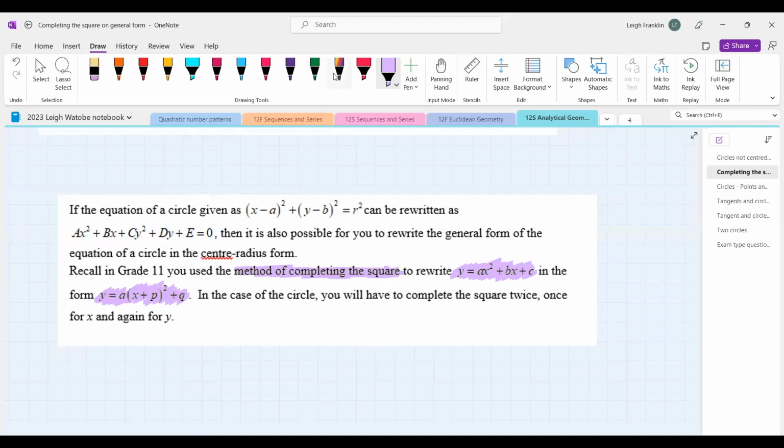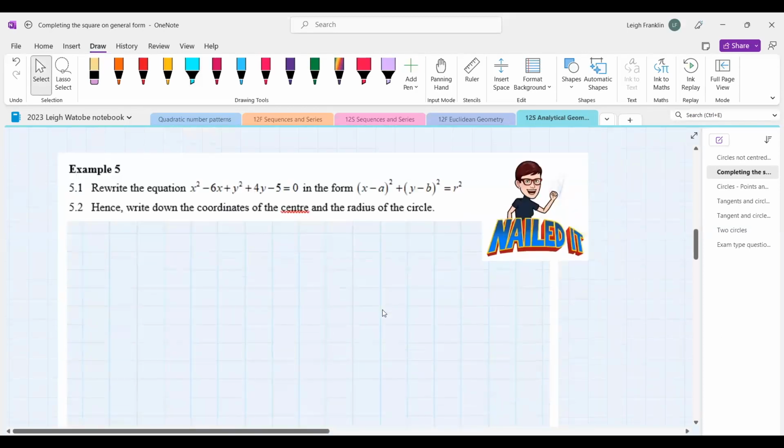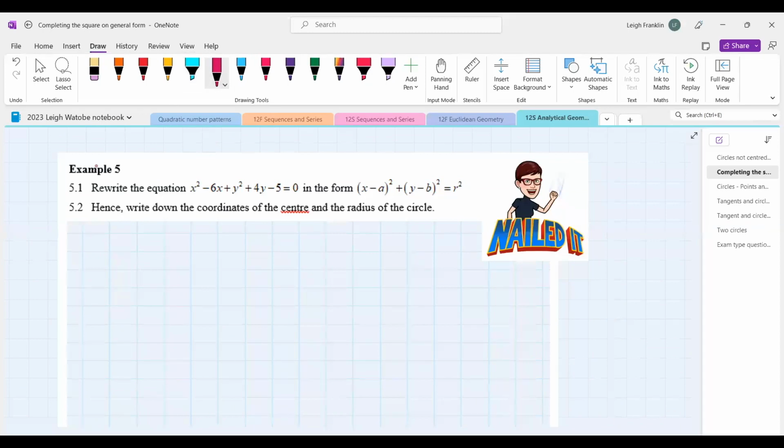In the case of the circle, please note that we have to complete the square twice. We do it once for x, and then we do it again for y. Let me show you how this works with the next example. They give us x squared minus 6x plus y squared plus 4y minus 5 is equal to 0.